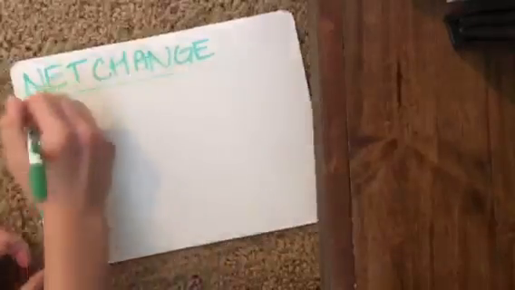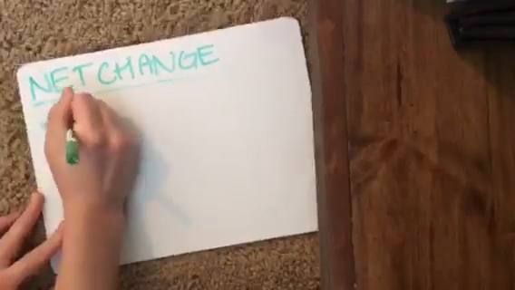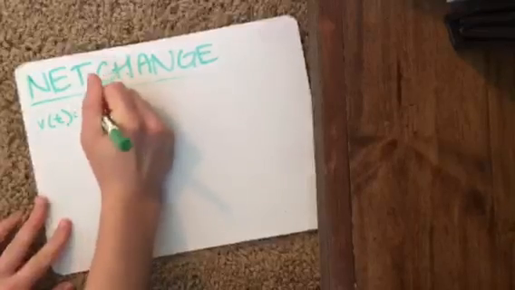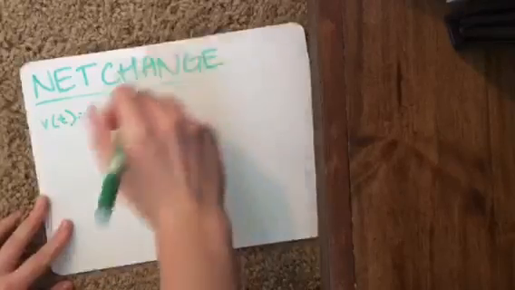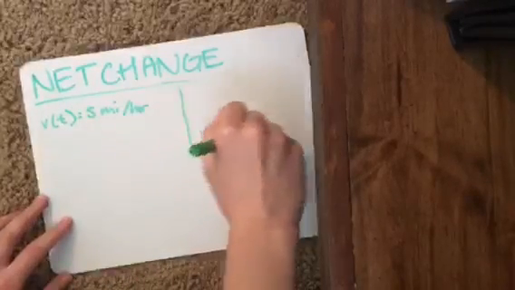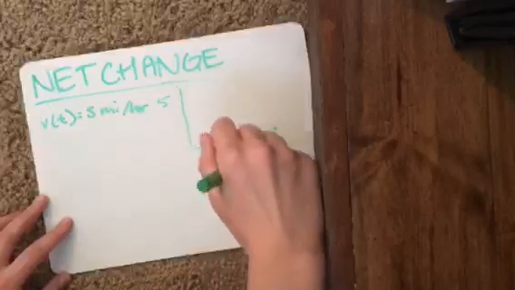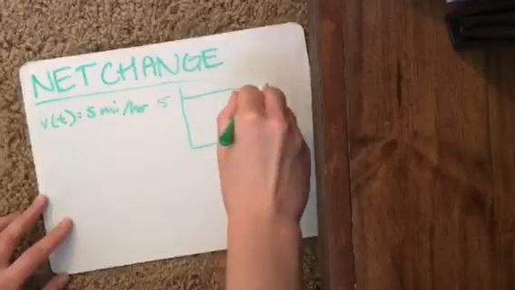So we're going to look at the velocity function. We're going to have a velocity function, and we're going to set it equal to 5 miles per hour. And now, once we have this, we can draw that out. So 5 miles per hour, and we're going to draw it across right here.